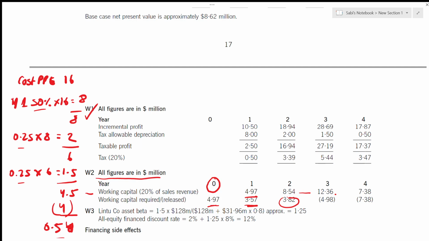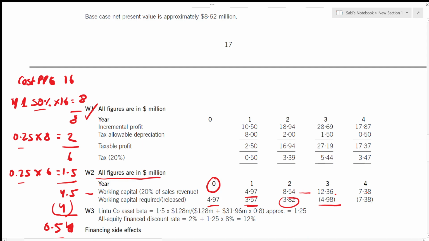You must have seen that there's a decline in sales. That's why even the working capital reduced from 12.36 to 7.38. It reduced. So what happens if it reduced? This means even this amount will be negative. Why? Because 12.36 minus 4.98 will give you 7.38. It reduced, right? If something is reducing, your working capital will then be in negative.